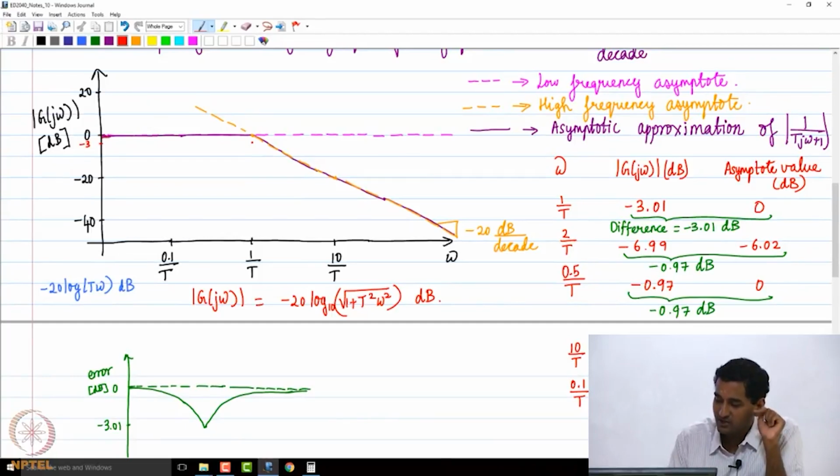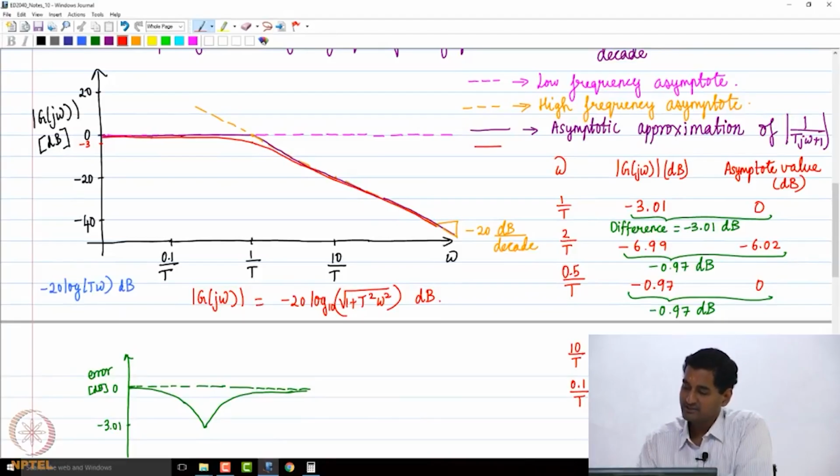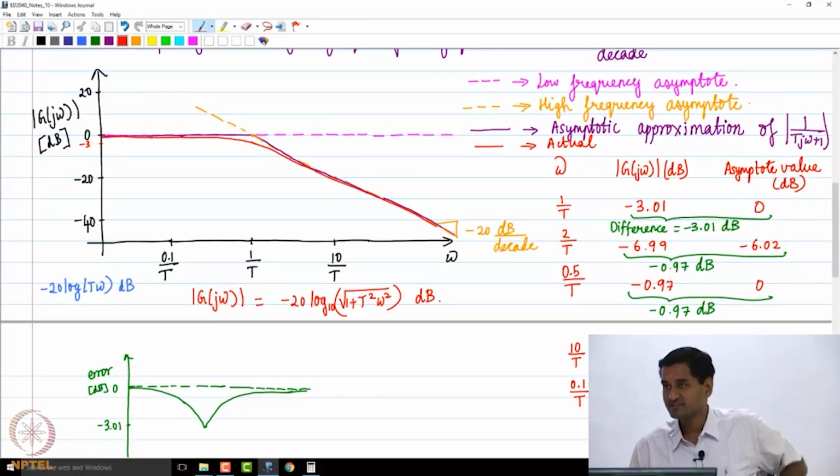So the actual plot is going to be something like this. I am just drawing an approximate curve to illustrate the point. The actual curve is going to be a smooth curve like this, and the red one is the actual. That's just an illustration.